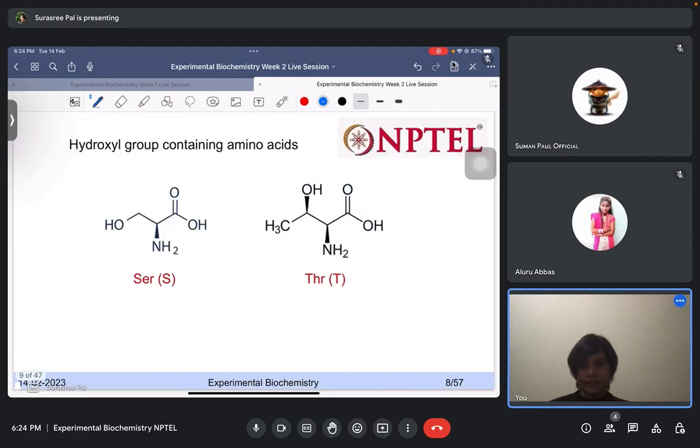And then the hydroxyl group containing amino acids, they are serine and threonine. You can see that there are hydroxyl groups present in these amino acids, serine and threonine. So that's all for the 20 common amino acids we have.